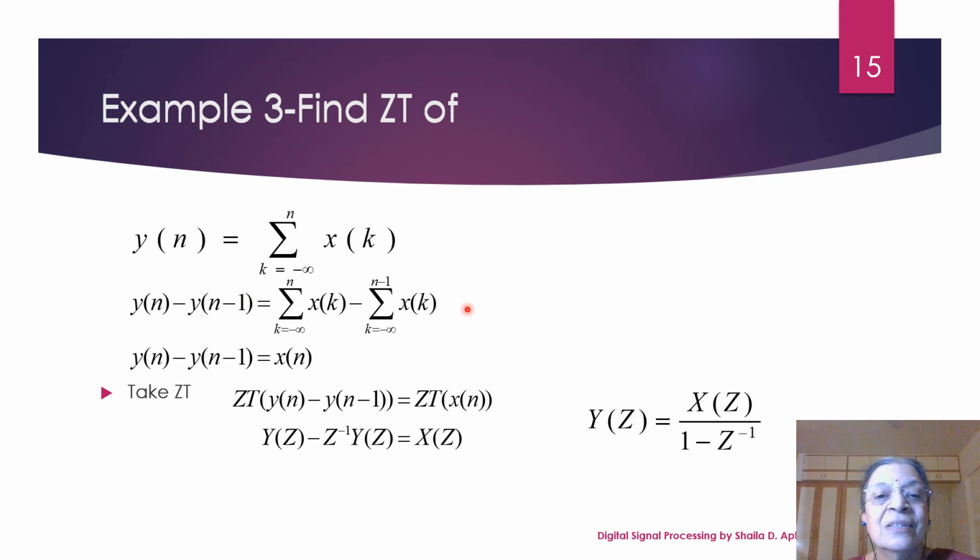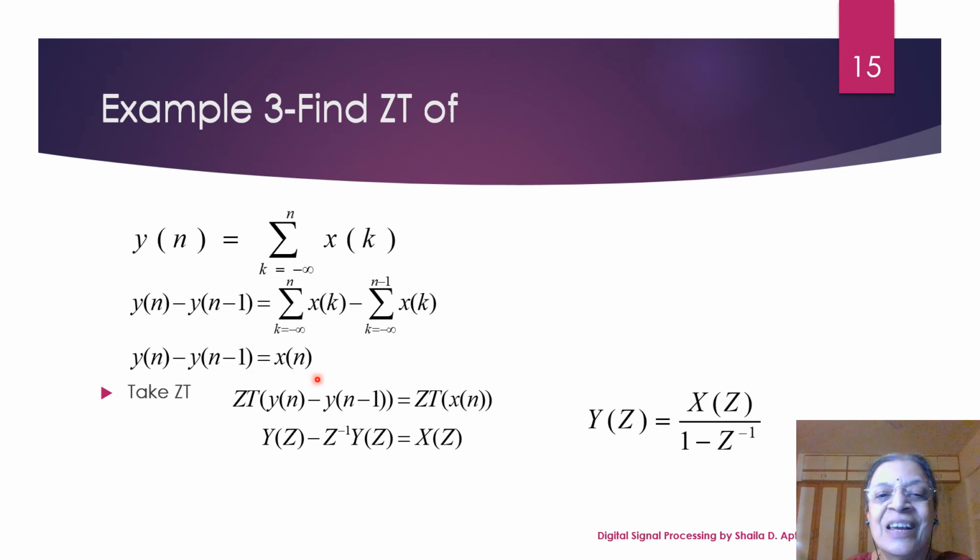Now, the summation from minus infinity to n minus 1 will get cancelled with the first term, and I will have only x[n] remaining in the first summation. So y[n] minus y[n minus 1] is equal to x[n].